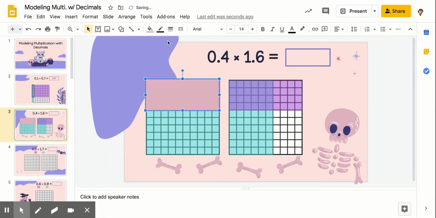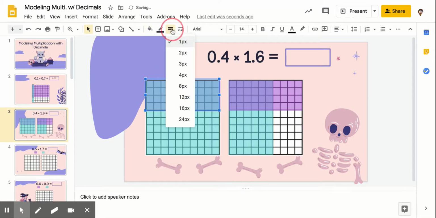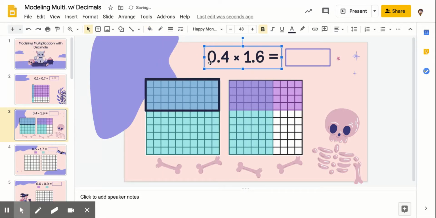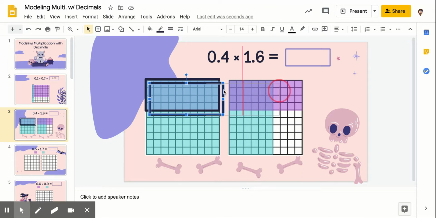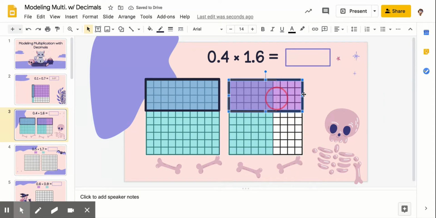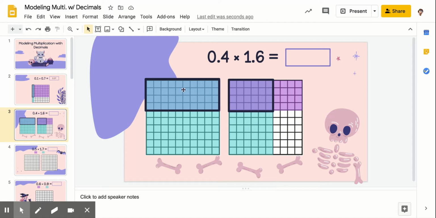First off, they overlapped right here, and they also overlapped right here. The only difference is that the blue's on top on this one, which is why it looks like a little different color. But they overlapped here and here. So this is my answer.